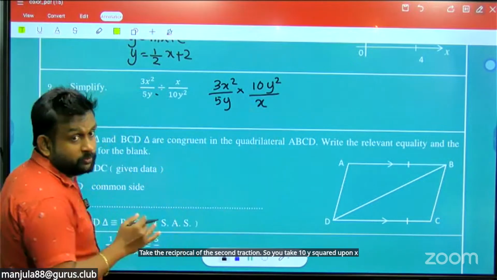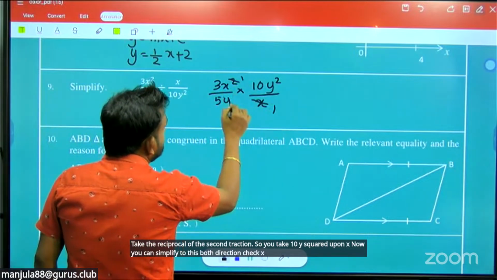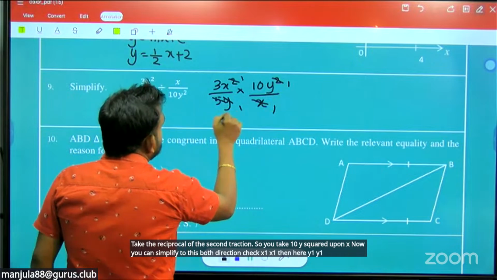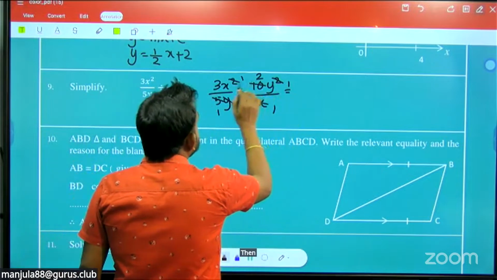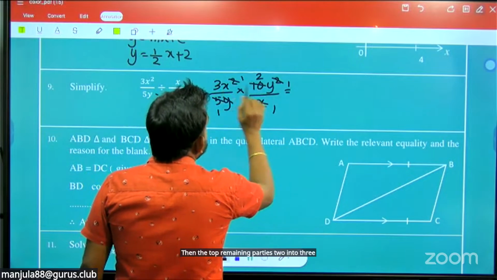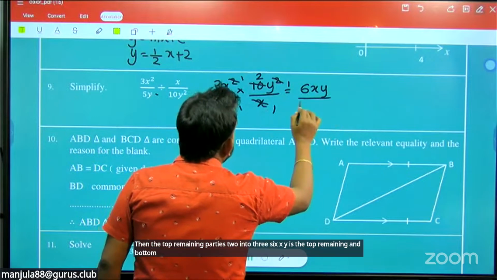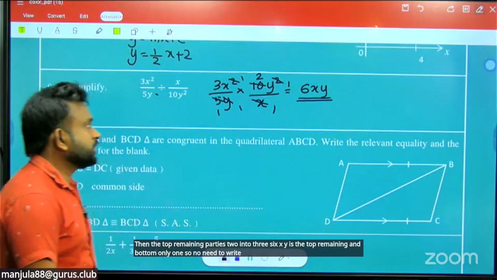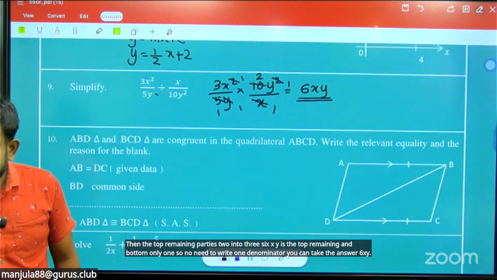Now you can simplify in both directions. Check x with x, y with y, 5 with 5. The top remaining part is 2 into 3, 6, xy is the top remaining and the bottom is only 1, so no need to write the denominator 1. The answer is 6xy.